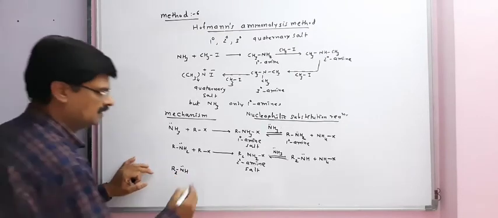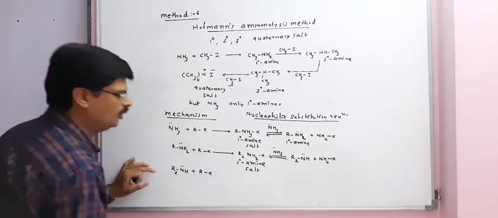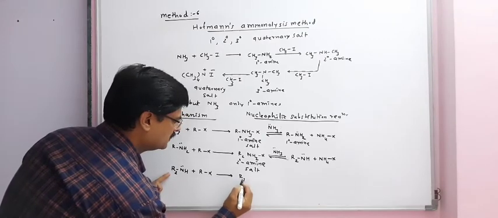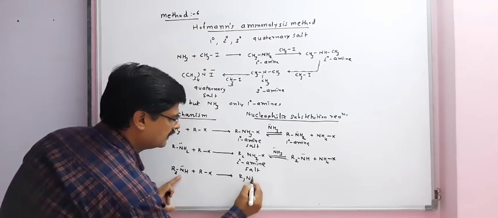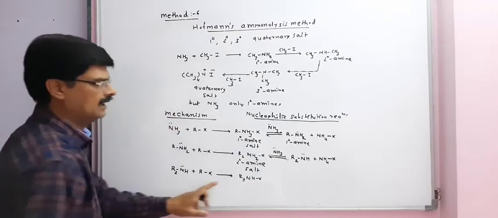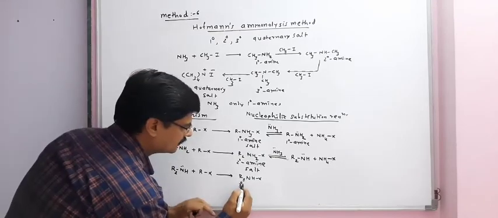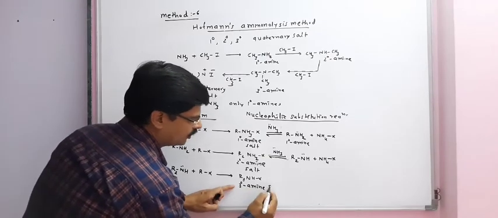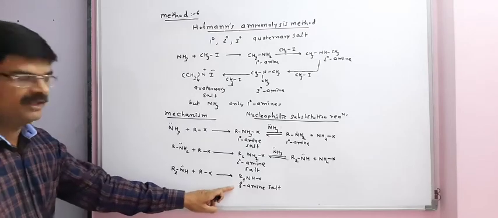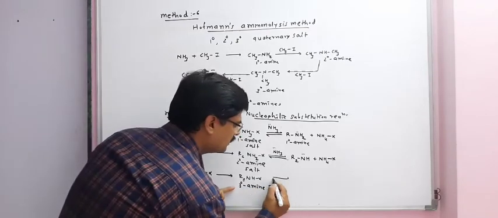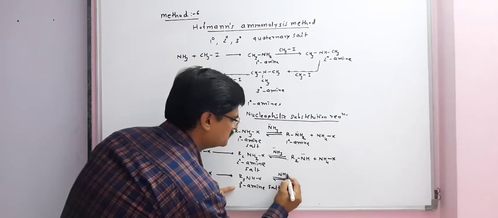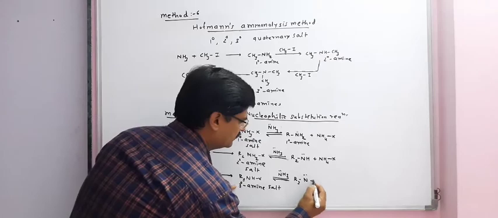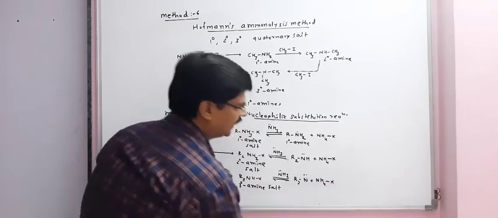Now in the next step, R2NH plus 1 more mole of RX, that is alkyl halide, gives R3NHX, a 3-degree or tertiary amine salt. Reaction with ammonia gives R3N plus again NH4X.